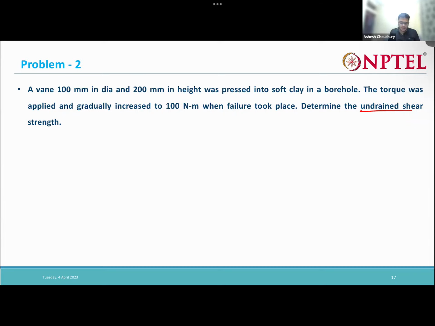So the dimensions of the vane are given and also the failure torque is given, right? So let us write all these things.